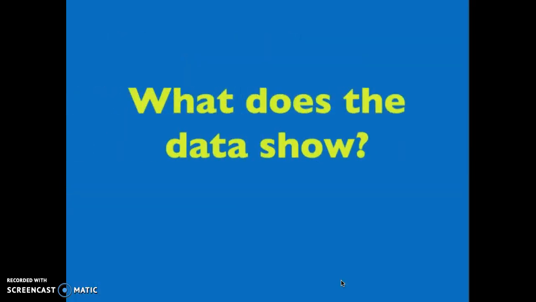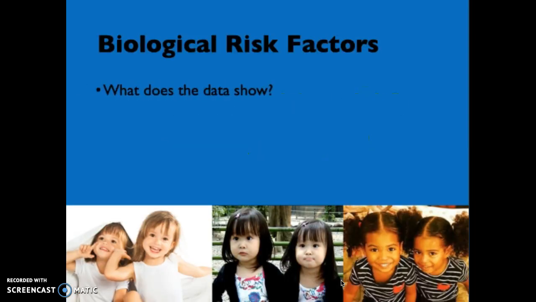So what does the data show? What are we seeing? Basically, that there is a higher chance of the other identical twin showing that behavior if one shows it. So we are seeing support that there is some kind of genetic influence over and above just the environment that they're sharing.